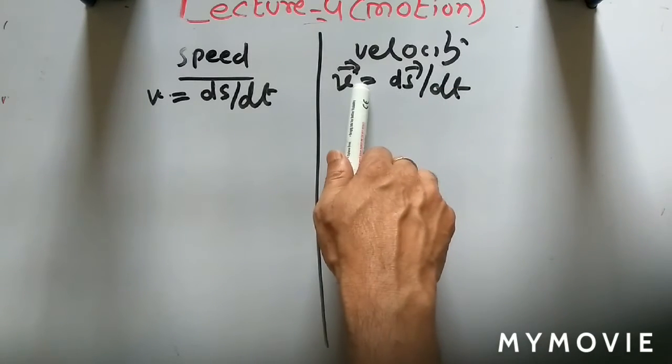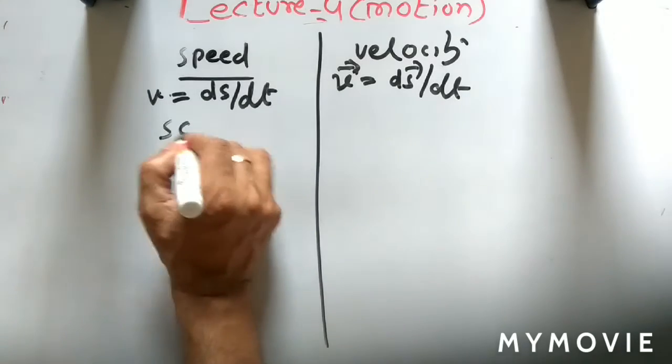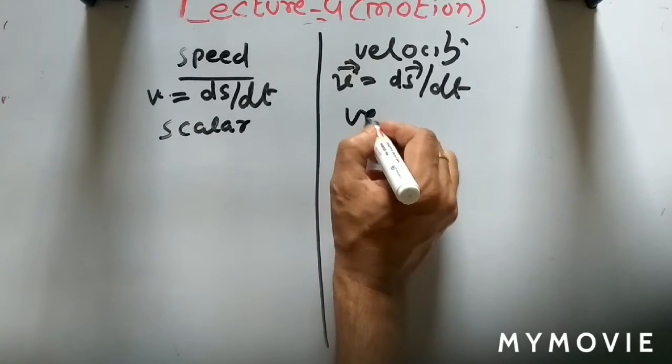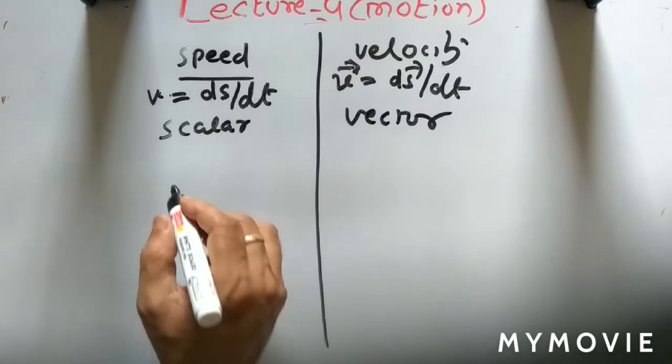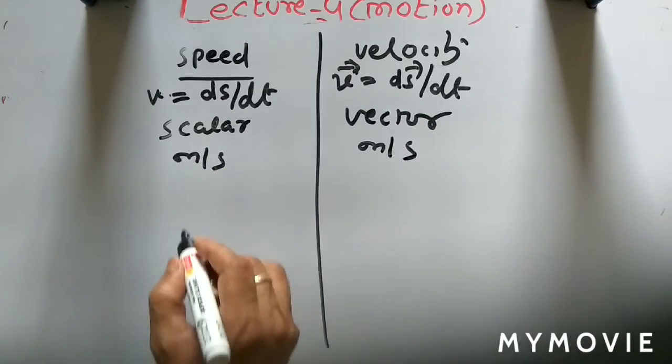Rate of change of displacement is velocity. Rate of change of distance is speed. So speed is a scalar quantity, velocity is a vector quantity. The unit of speed is meter per second, and here also meter per second.